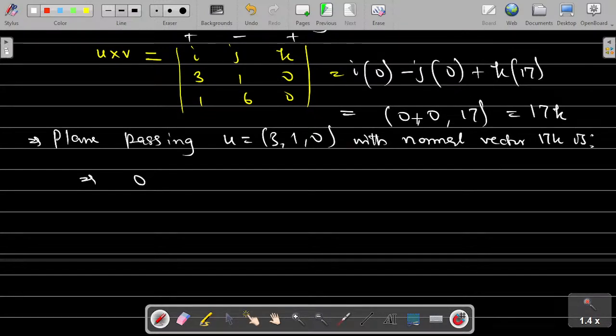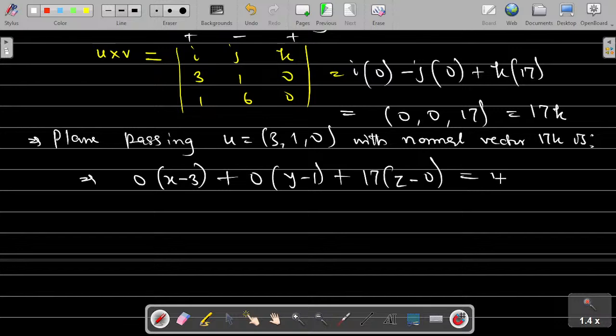Remember, you use the normal vector as coefficients. So 0 into x minus the x component, then plus 0 again into y minus the y component here, then finally plus 17 into z minus this 0 component here, and that is equal to 0, which is going to give us 17z equal to 0 as the equation of the plane.